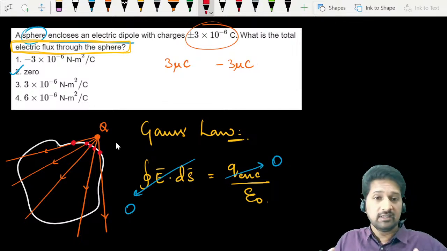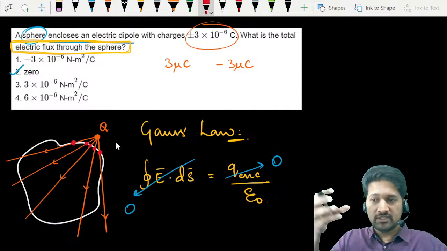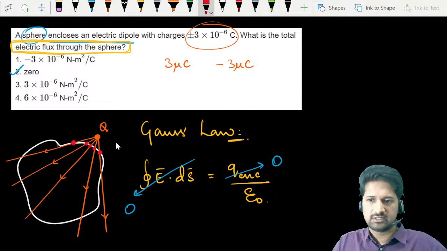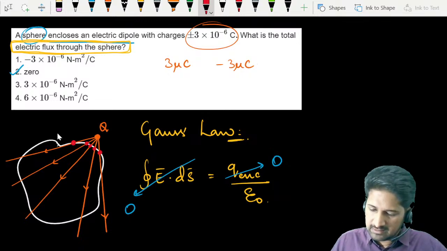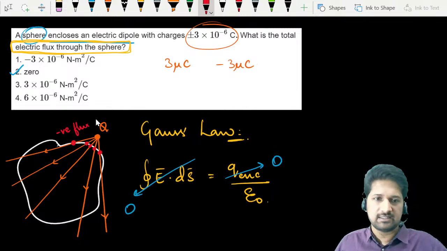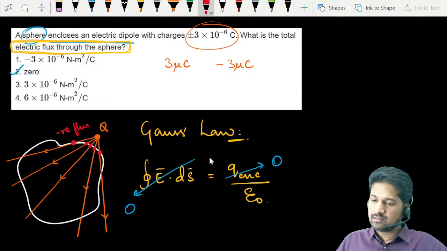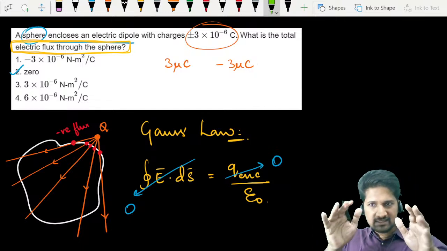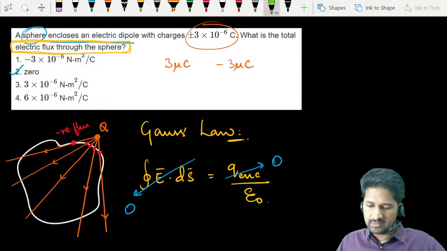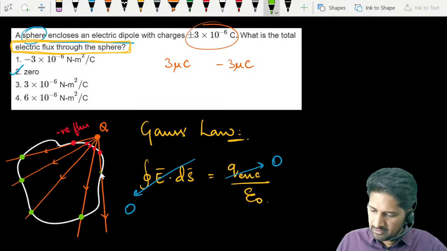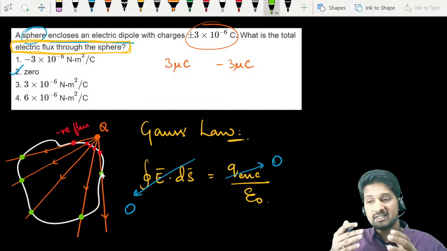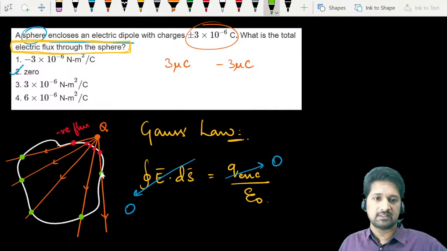Next. Here, if you observe, there are 5 points through which field lines are entering this closed surface. So on that part of the surface, there will be a negative flux due to this external charge. But since this is a closed surface, there will be an equal number of points where the field lines are leaving the closed surface.